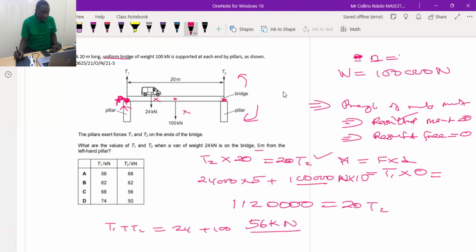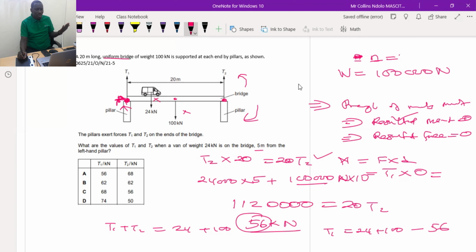That means if I want T1, it will be equal to 24 plus 100 minus T2, minus 56. So that is 124 minus 56. I get 68.